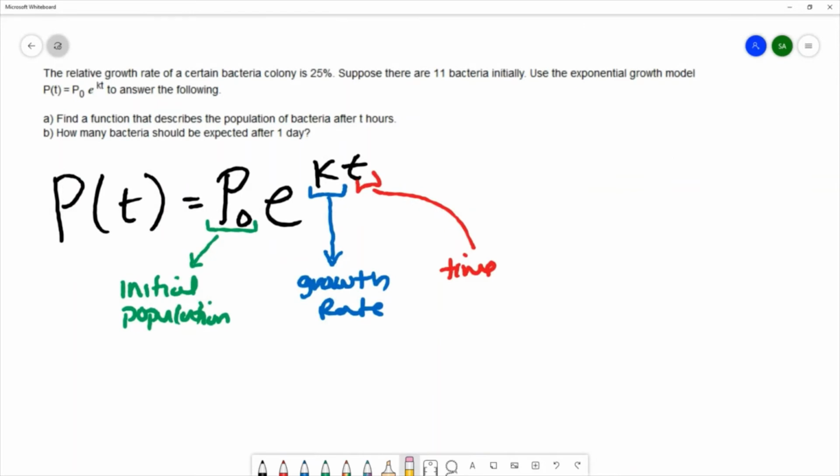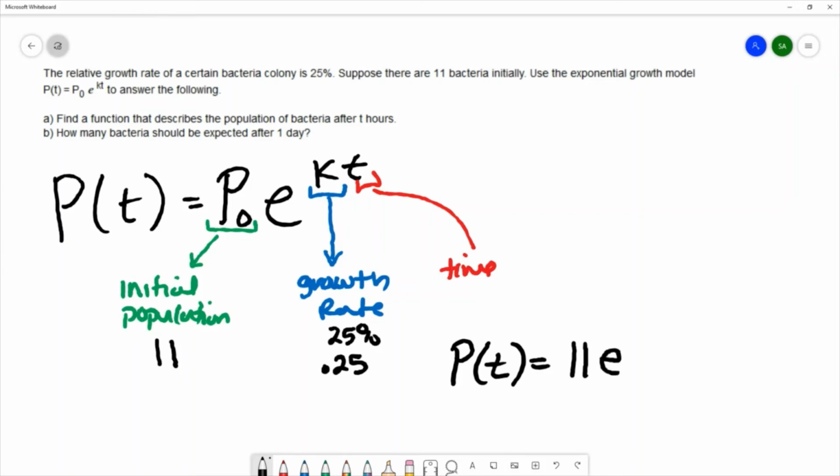So this gives us an initial population of 11 bacteria, and a growth rate of 25%, which we'll write in decimal form, 0.25. So we can write our function that describes the population as 11 e to the 0.25 t.